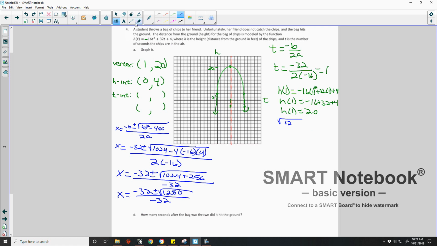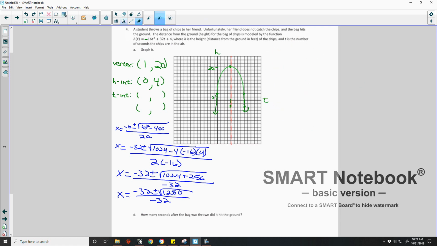So actually, let me erase all this, and we'll start at the top here. Not negative, 1280. And I'm going to simplify the radical by factoring. That would be 640. Divided by 2 is 320.